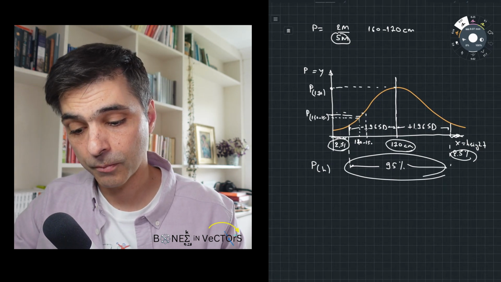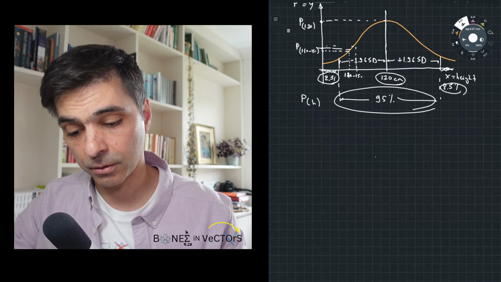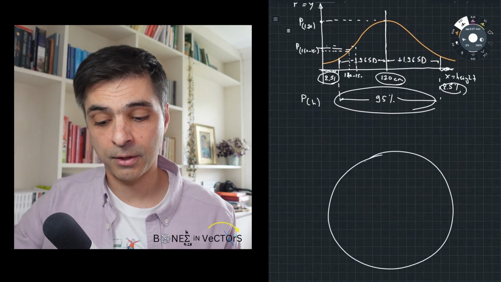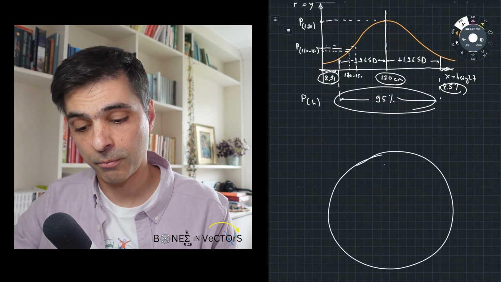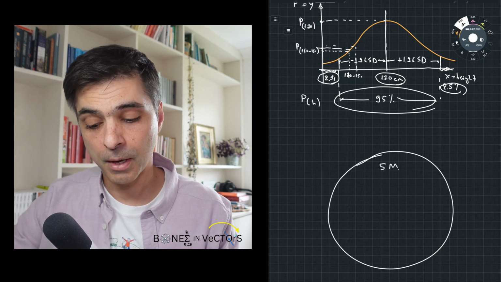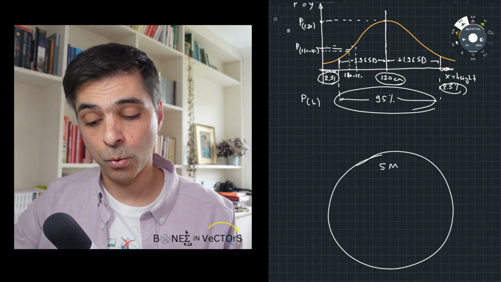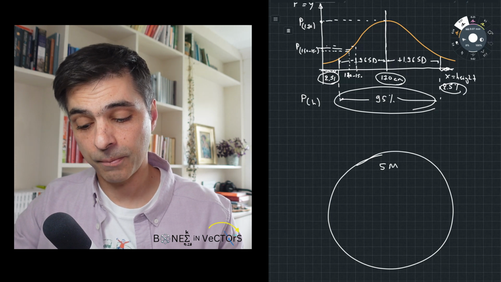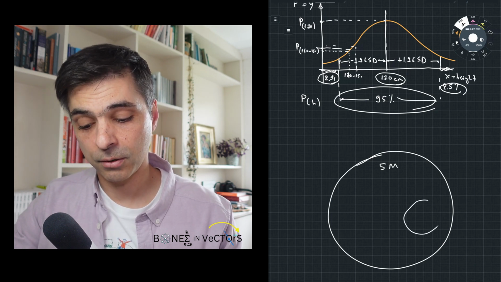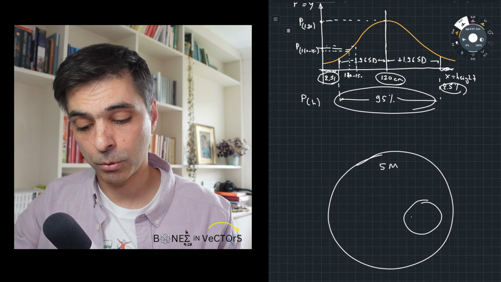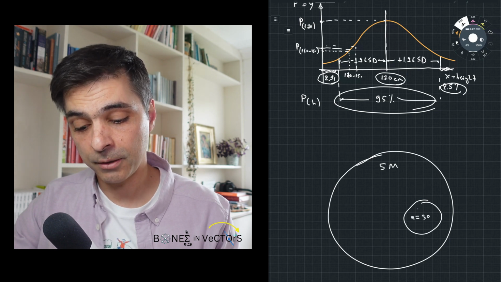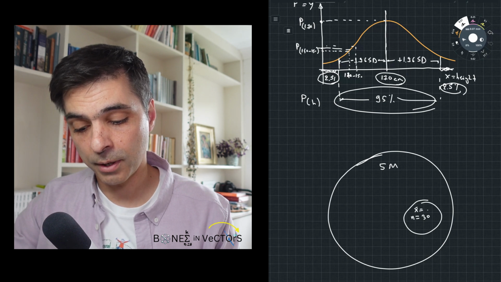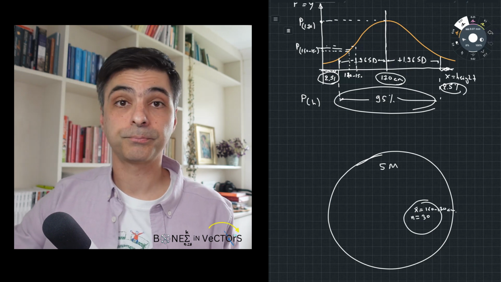So, to represent that graphically, let's say that this is our population of 5 million people, and we want to know what the probability is that we select 30 people randomly and their mean height is between 160 to 170 centimeters.